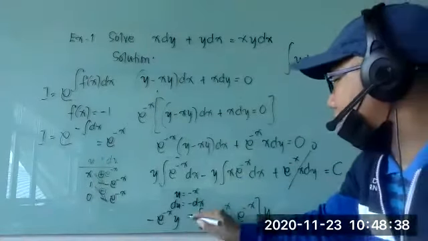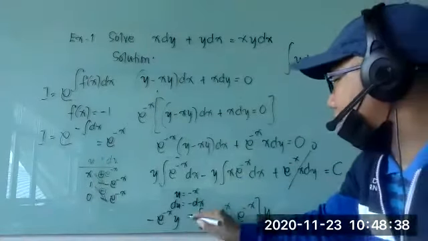So let's see if the partial derivative of M with respect to y, kung equal ba siya dun sa partial derivative ni N. Okay, N, kopyahin muna natin. This is 3x²y − 4x. We take the partial derivative of N with respect to x, since N is the coefficient of dy. Y is held constant, so we just copy 3y.